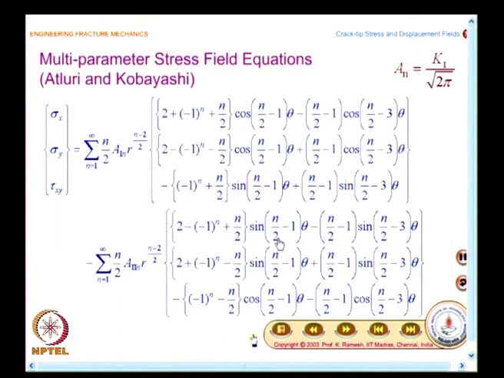That argument is valid. We had looked at modification of Westergaard equations by Tada, Paris and Irwin. They also got a series solution, but that series solution had only one stress function capital Z, which was inadequate. This was pointed out by Sanford.